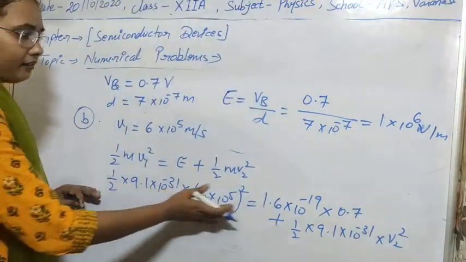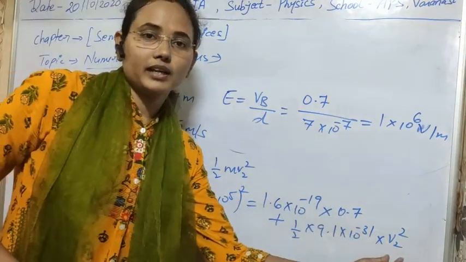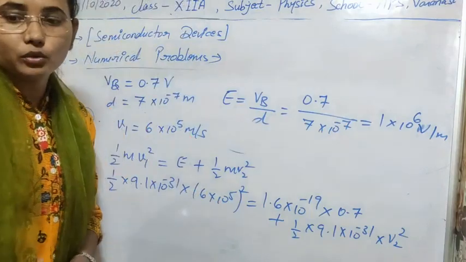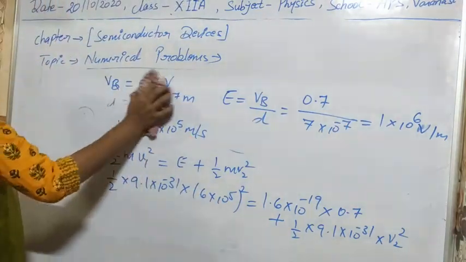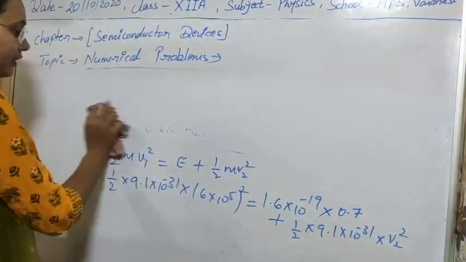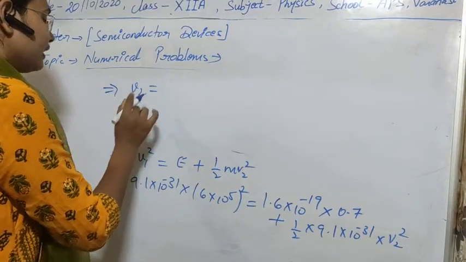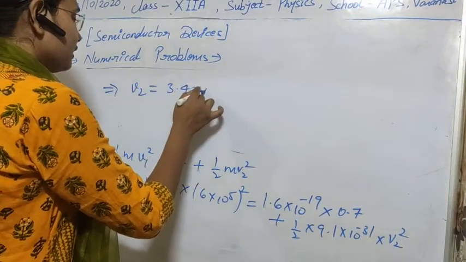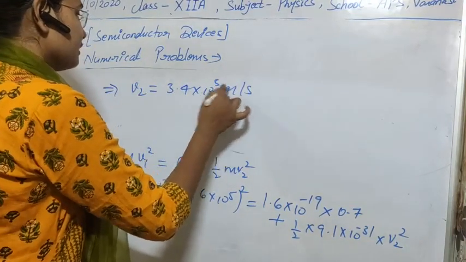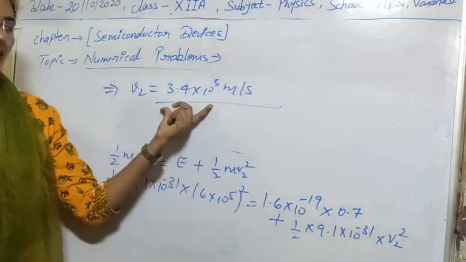So we have all the values and an equation, so we can solve it easily and calculate the value of v2, meaning the velocity with which it will enter the p type region. After calculation we get 3.4 into 10 to the power 5 meter per second.